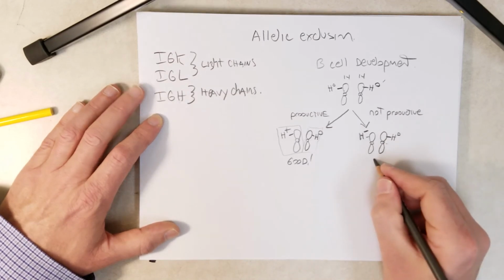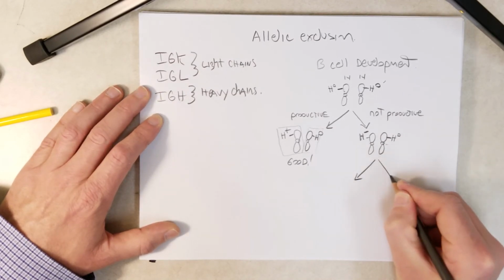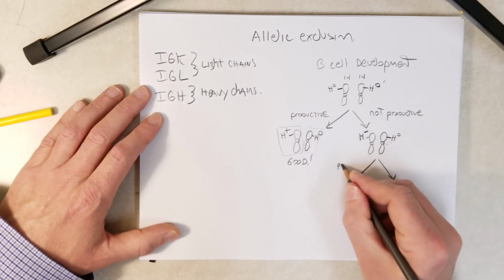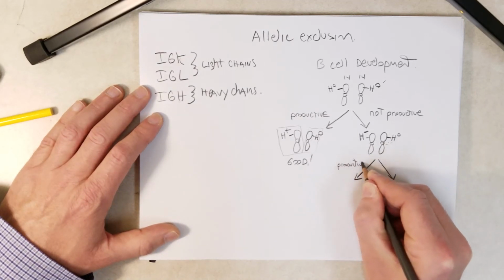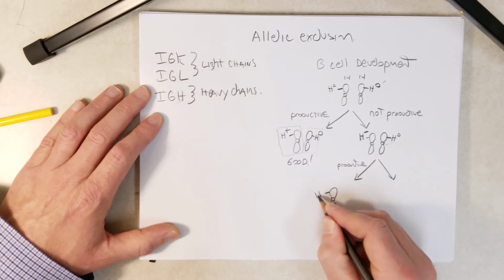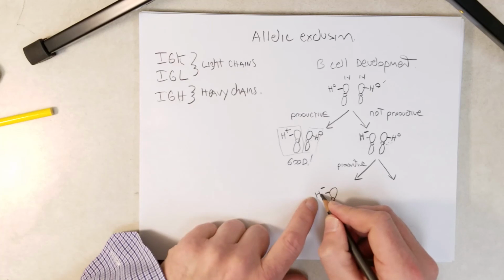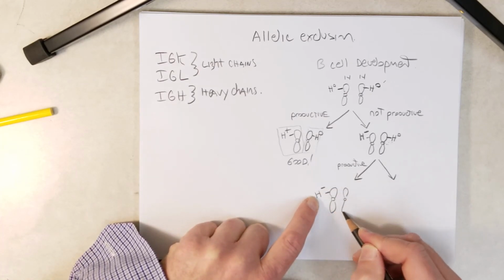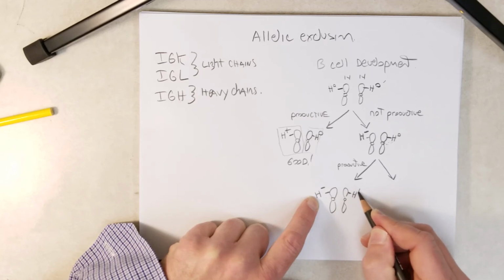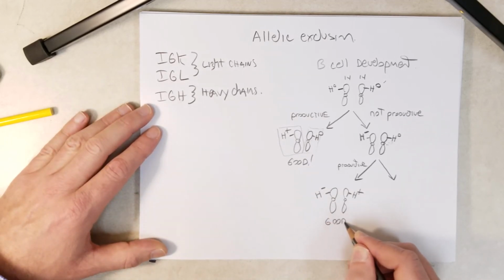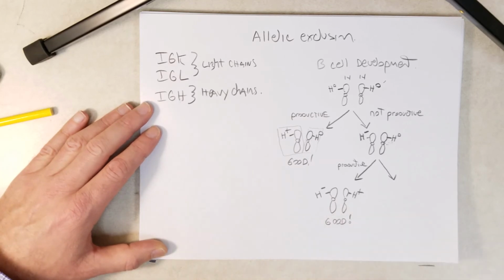It only has one more shot at this. It's got one chance now. And if it's productive, then we have one failed rearrangement at one of the IgH loci, but one that worked. So this cell is going to be happy. It has a functional heavy chain.